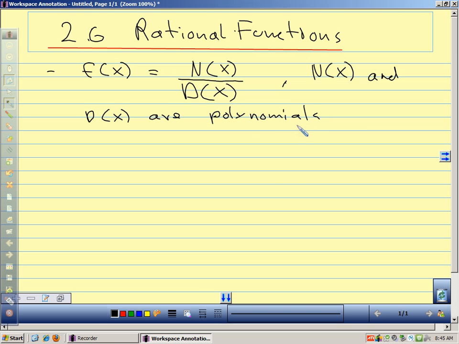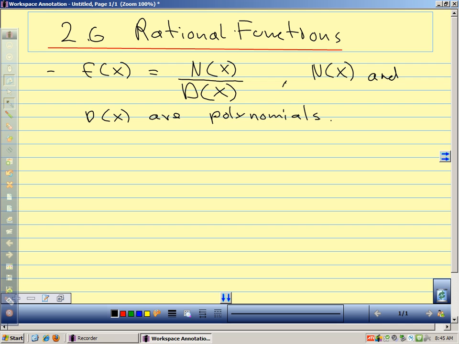So we have something like 3x squared plus 5x plus 2 over x squared plus 1. Some kind of the polynomials like we've been working with in chapter 2, we're just making fractions with them, and that's what makes a rational function, as long as we have a polynomial.